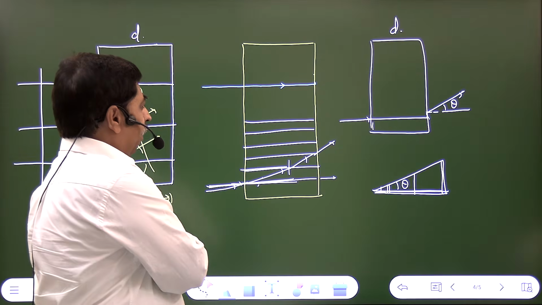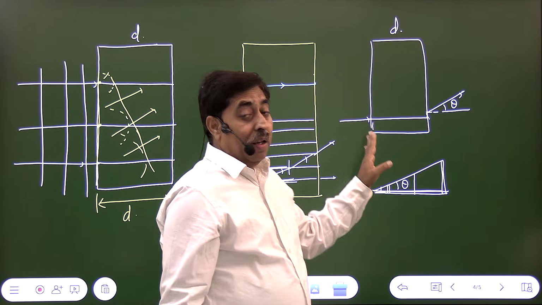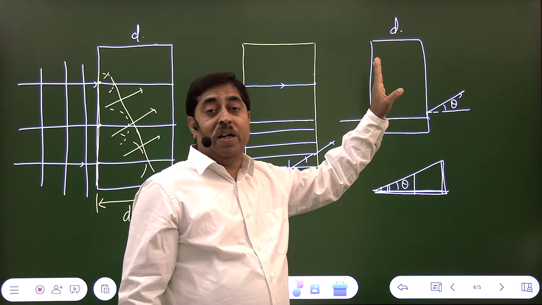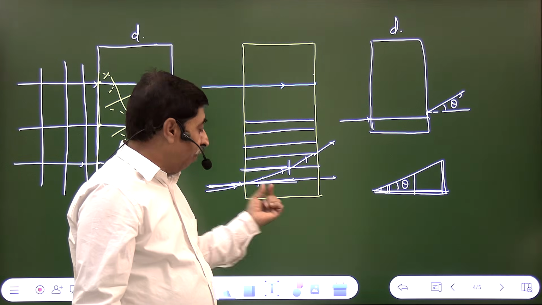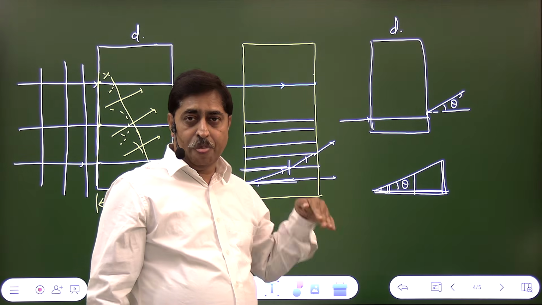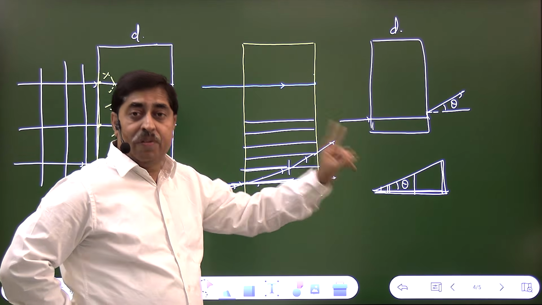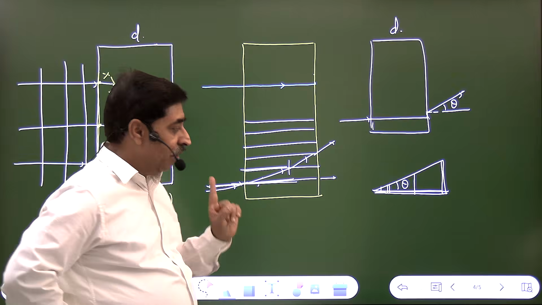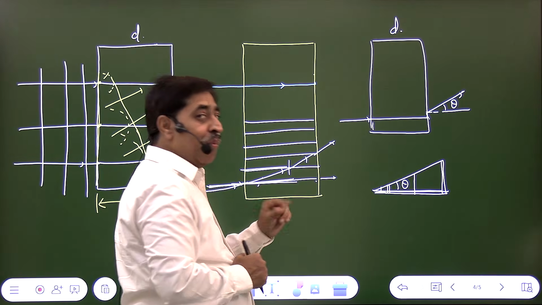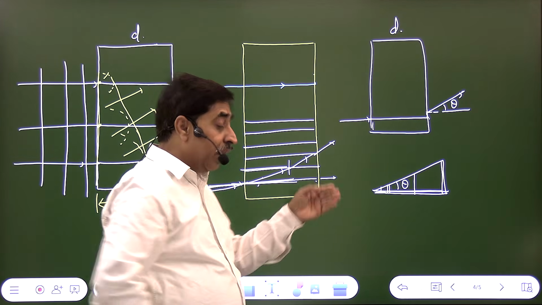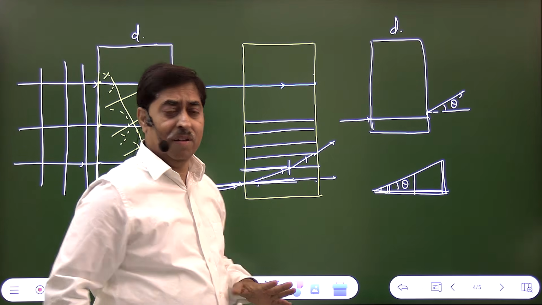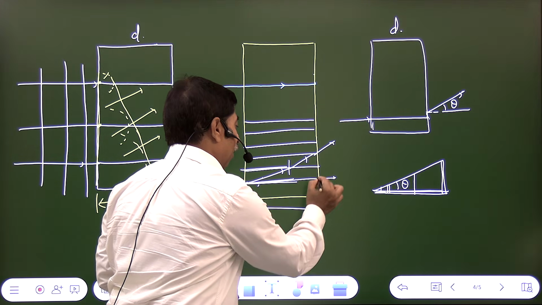What I am trying to imply is, if the gradient of refractive index is high, even while crossing through a thin glass slab, there could be a good amount of deflection. Even if there is a good amount of deflection, we can ignore this lateral movement if d is small, even if theta is 30 degrees, let us say. But if this d is very small, what is this lateral movement?